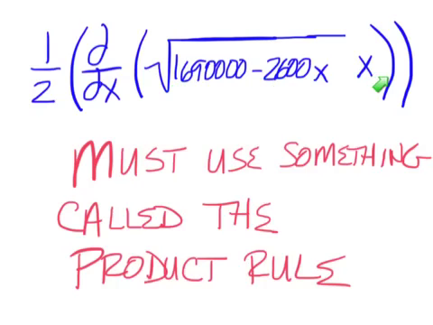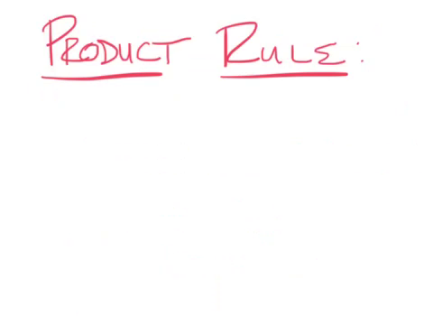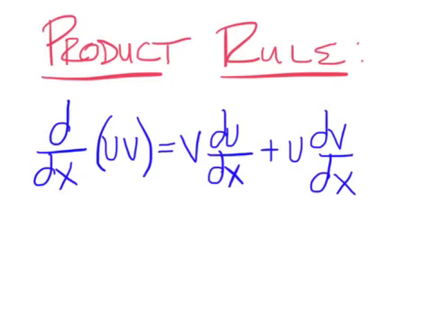Here is what the product rule is. The product rule is written in general form here, but let's say you have two items, u and v. And in our case, that would be the radical sign and then the x. So think of it as the u being that radical sign with the 1.69 million in it, and the v being the x term.